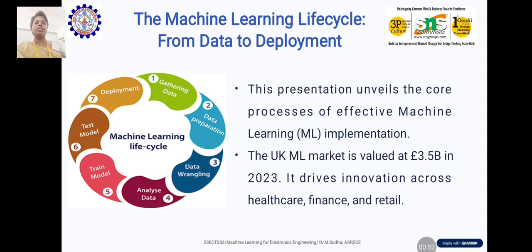Data wrangling is the alignment side, where we match the data. Then analysis: we need to analyze the data we took. The fifth stage is train model. Based upon the analysis, we train on that data, and finally we test the model, then come to deployment. This is how the process takes place.